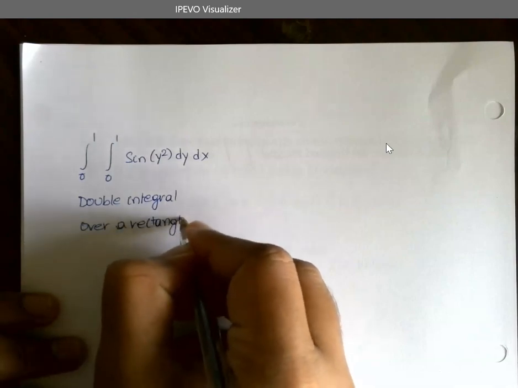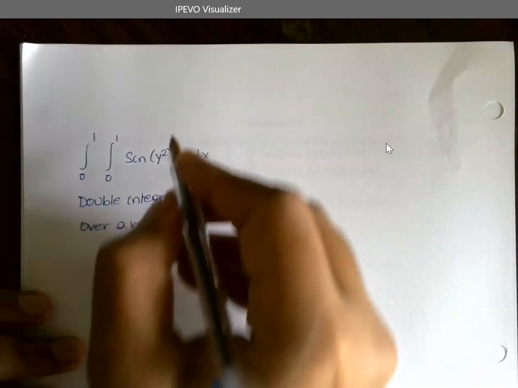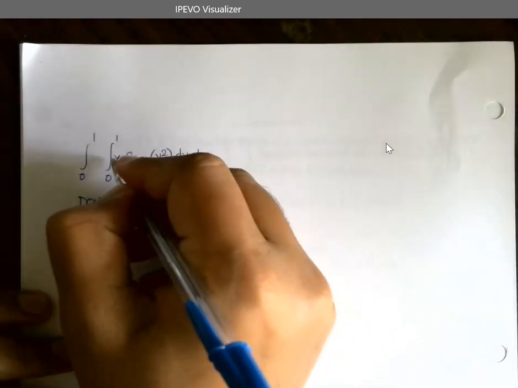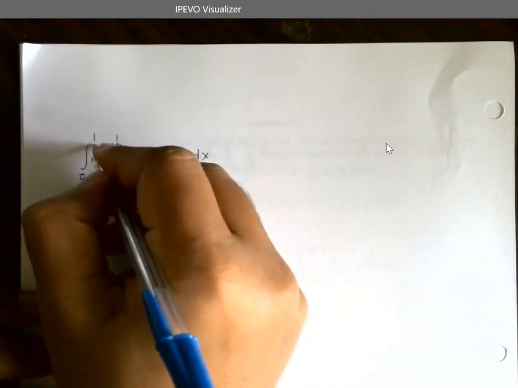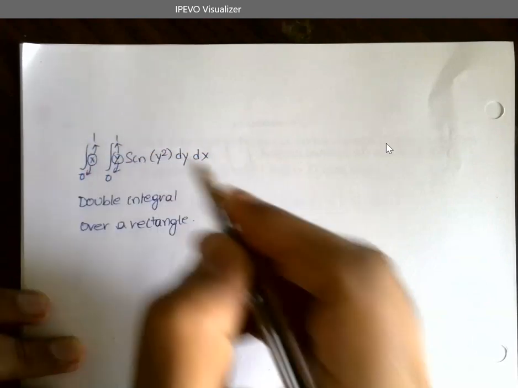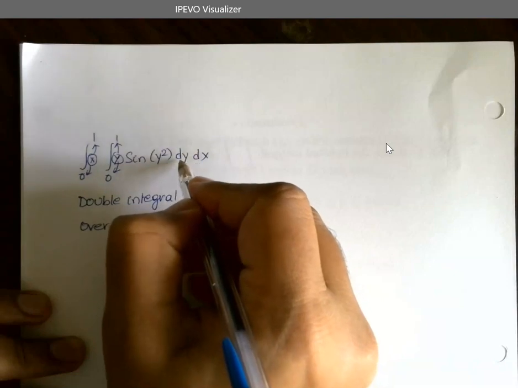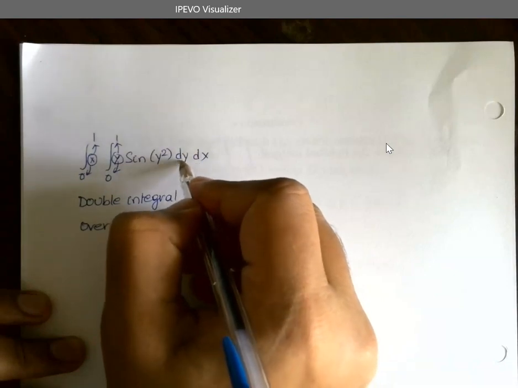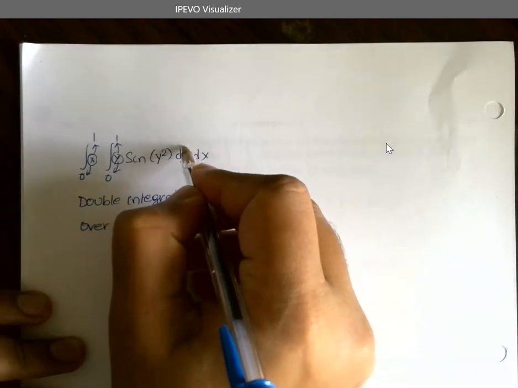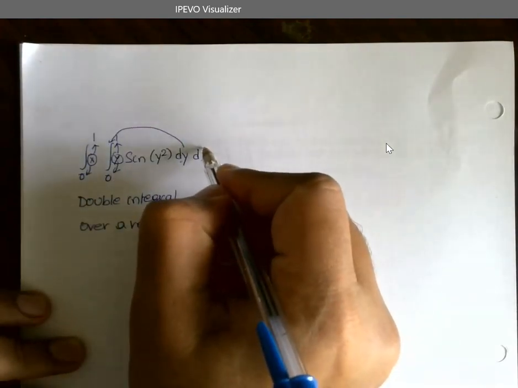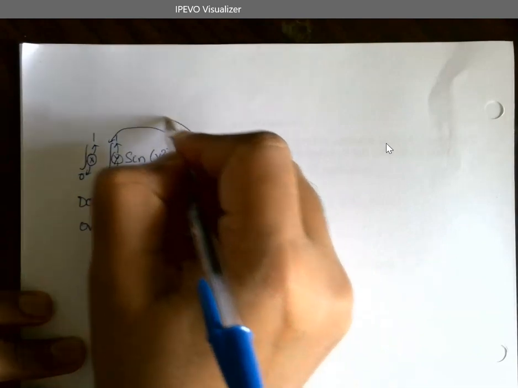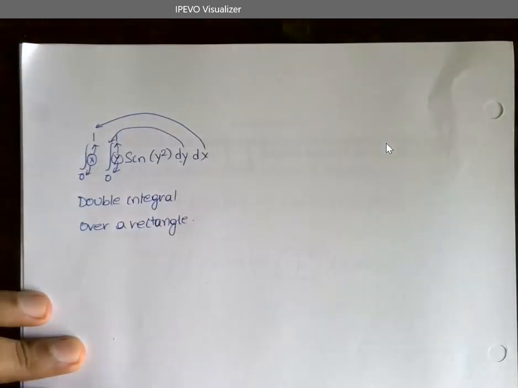Why do we say that? Because our domain is such that y is changing from 0 to 1 and x is also changing from 0 to 1, and the inside or first variable of integration is y, which corresponds to the first integration, and the second variable of integration is x, which corresponds to the second integral.